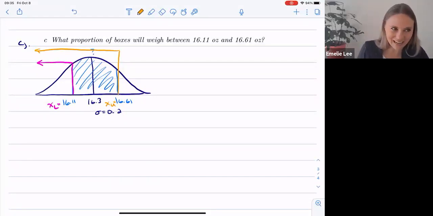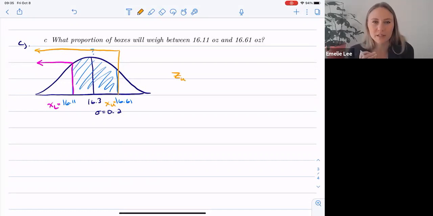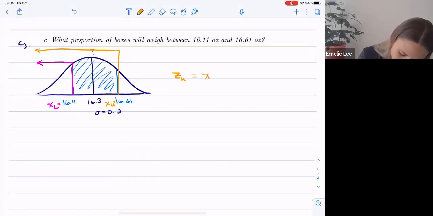So let's see here. My Z for my upper, and notice how I'm just using little subscripts. That's just for me to keep track of which one. You could use 1 and 2, but I like upper and lower. Z upper is going to be my X upper minus mu over sigma, which is 16.61 minus 16.3 divided by 0.2.